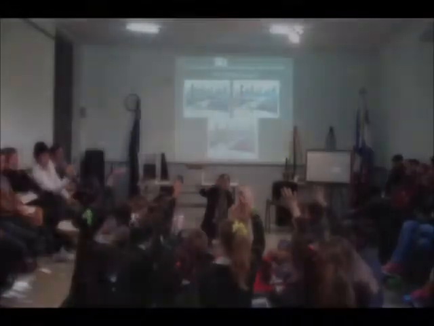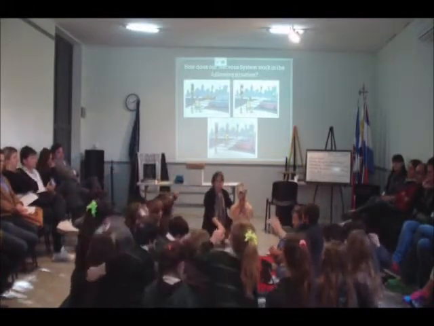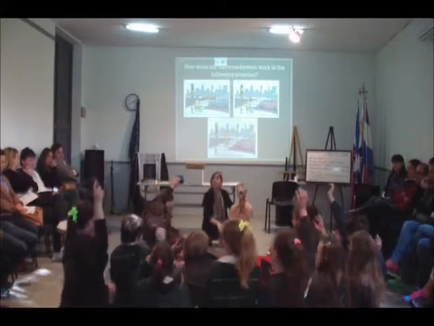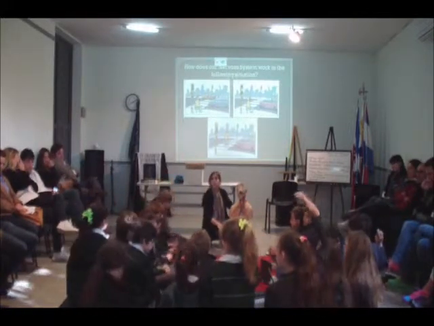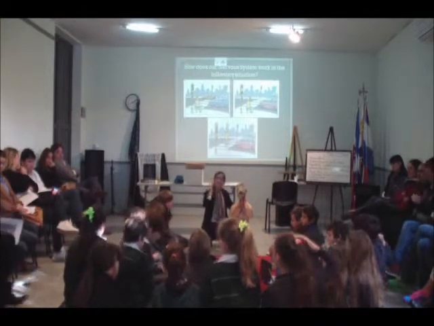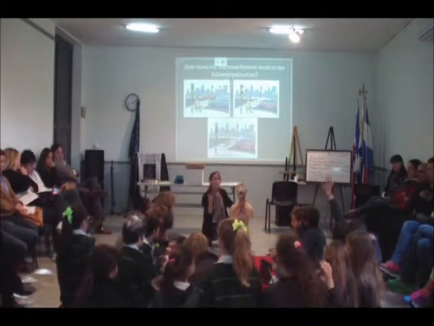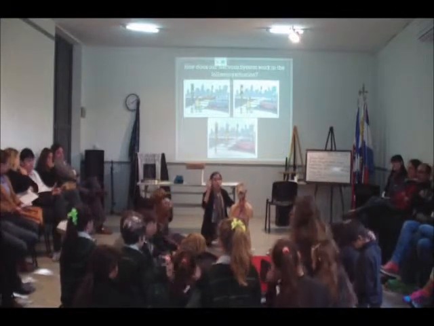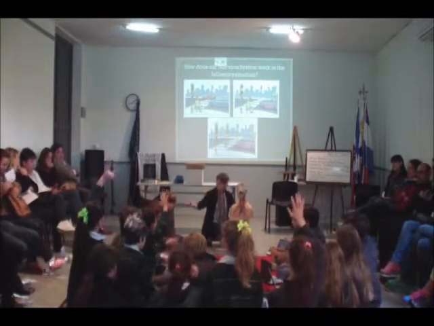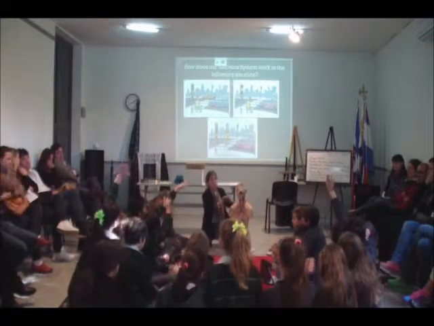Okay, let's talk a little bit about that system. The circulatory system. What do you remember about the circulatory system? Blood vessels: veins, capillaries, and arteries. There are three kinds of ducts. And what else is part of the circulatory system? The heart. Can you show me something here that has to do with the circulatory system?